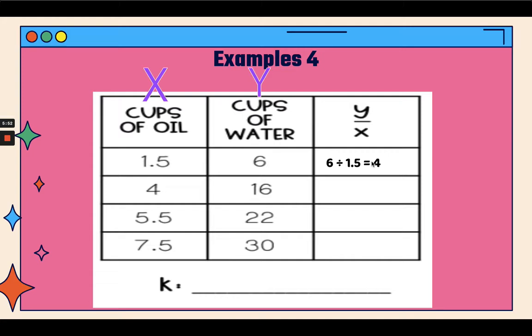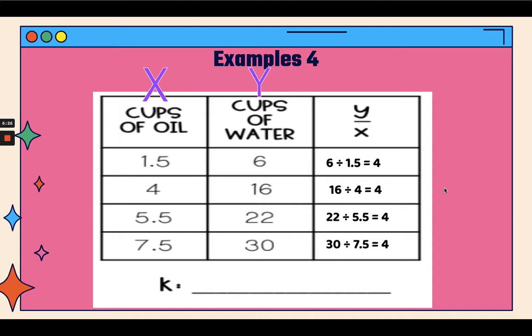Okay, so that means 1.5 times 4 equals 6. 16 divided by 4, because y divided by x, equals 4. Okay, so far it's proportional because we have the same answer. 22 divided by 5.5, 4 again, still proportional.